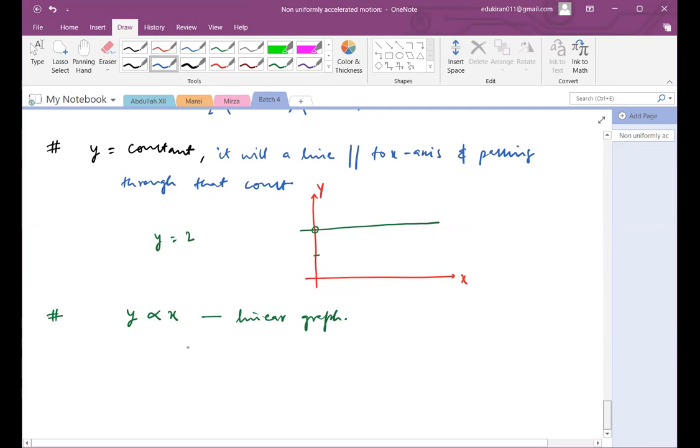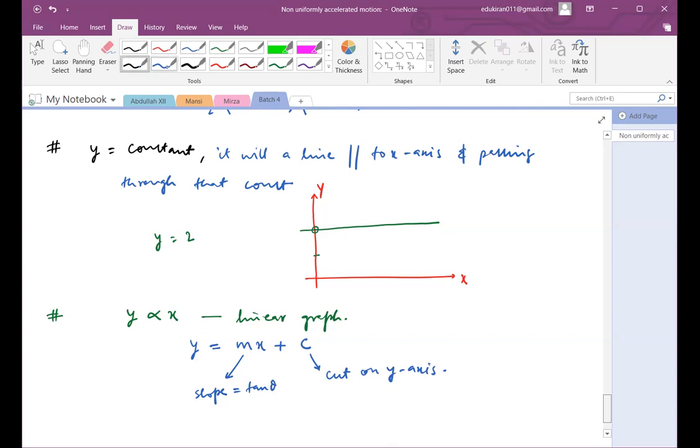The general equation for this will be y equals mx plus c. In this, m will define the slope or tan theta, and c will define the cut on the y-axis. I'm giving you one example related to this.